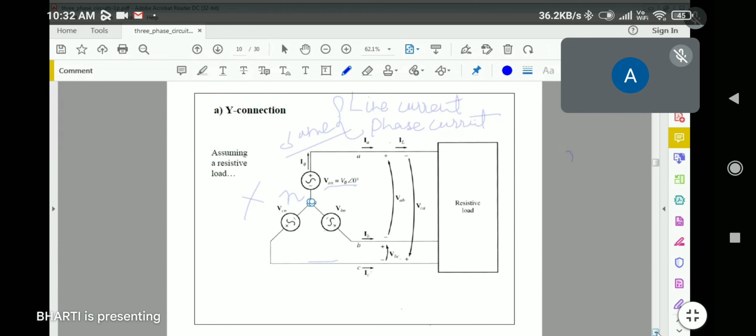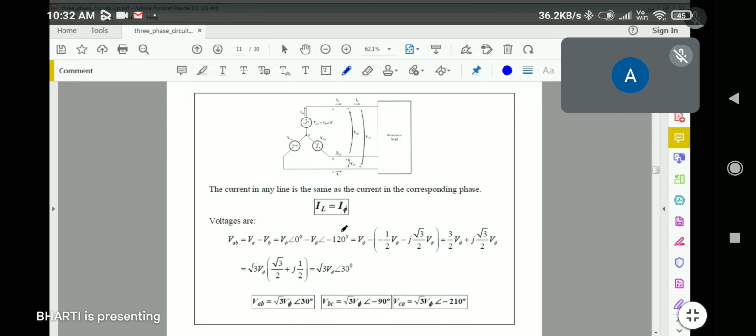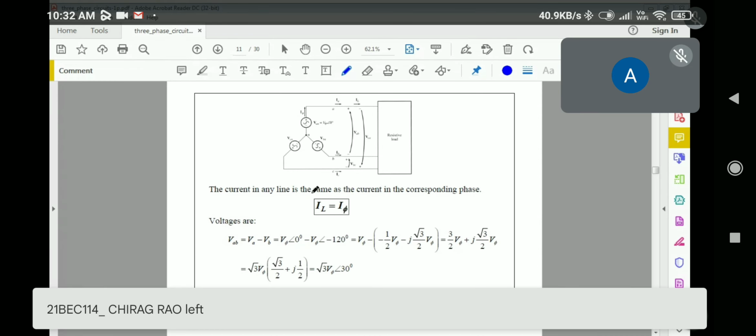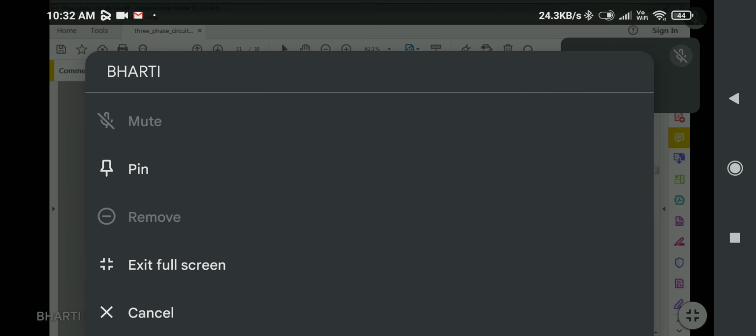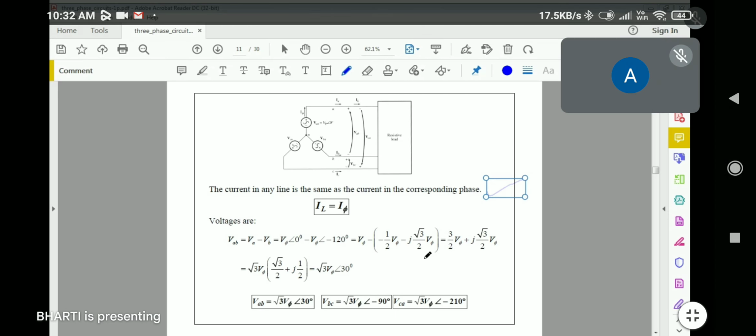Now, we need to draw the relation between them also. If you can see, the current in any line is same as the corresponding current in that phase in case of star connected. Is this line clear to everybody? Okay, so you have to remember and understand this.